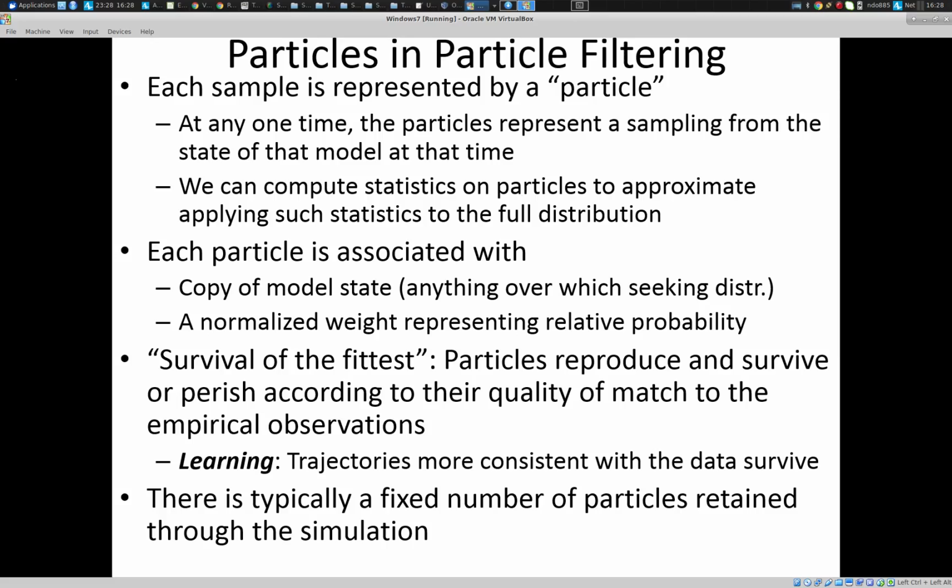So each particle is associated with a hypothesis about model state, is how I term it. It's got its own idea of what's going on right now in this model.